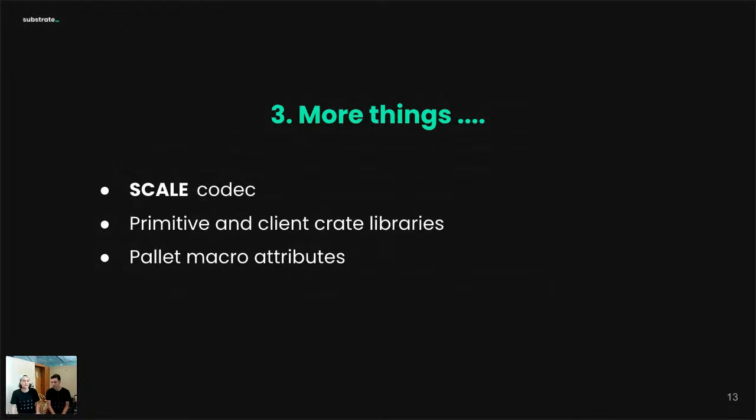It's important because every single thing that comes in and out needs to understand this concept of the SCALE codec. So I invite you to read up on it, and to understand why it could be interesting for your applications to know how to work with it a little better.